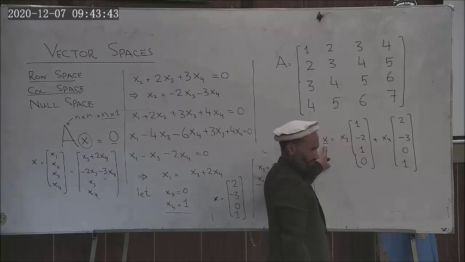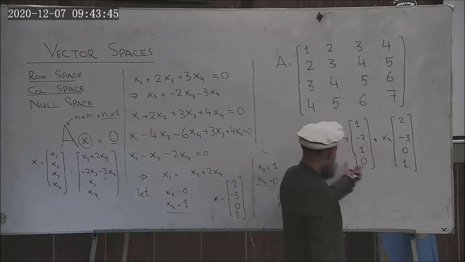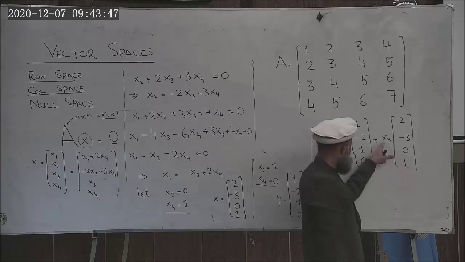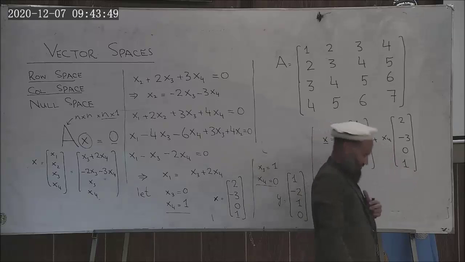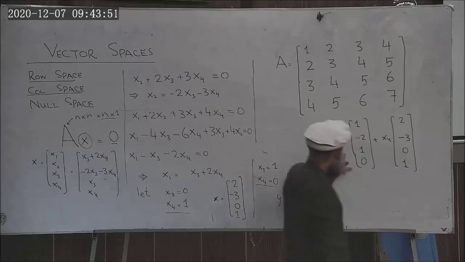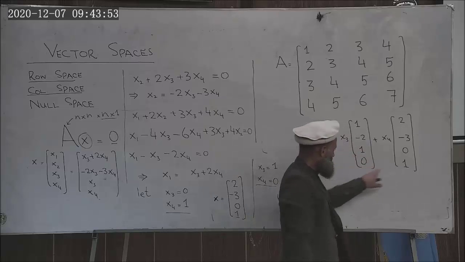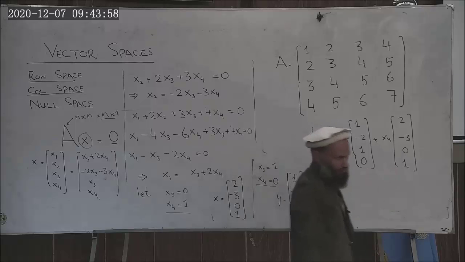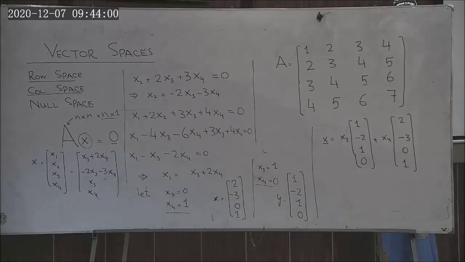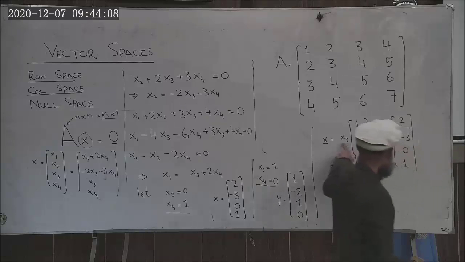So x is a vector which is obtained by linear combination of these two vectors, and these two vectors are linearly independent. So this is another way to look at the same solution vector. How many maximum possible independent vectors can there be?